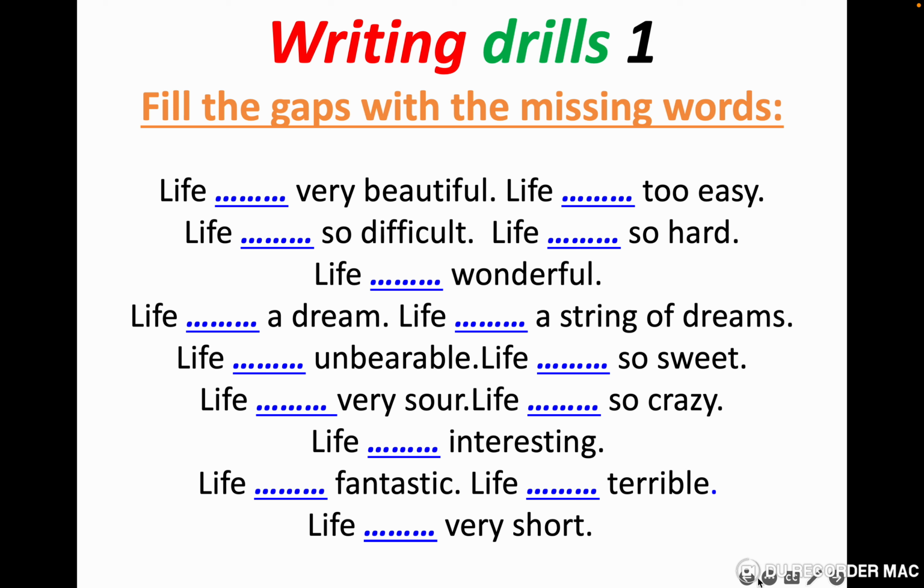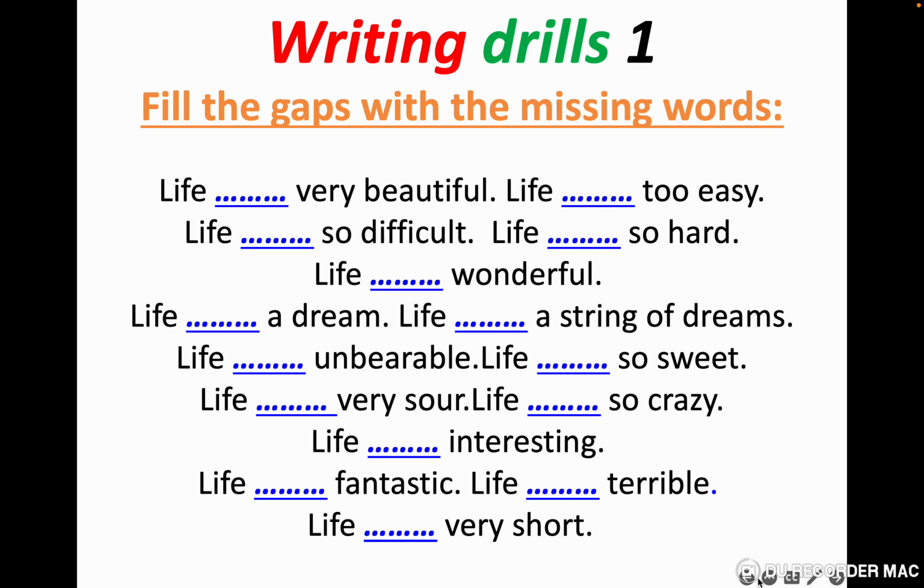Life is unbearable. Life is so sweet. Life is very sour. Life is so crazy. Life is interesting. Life is fantastic. Life is terrible. Life is very short. So you need to write the missing word.